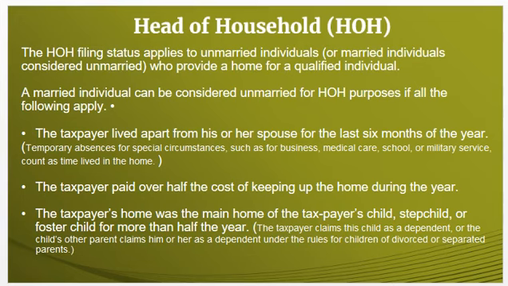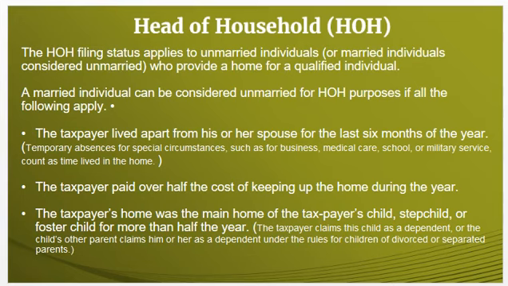And the last filing status is the head of household filing status. The head of household filing status applies to unmarried individuals, or it could apply to married individuals who are considered to be unmarried. We have this hard and fast rule that if you are married on December 31st, you have to file either married filing jointly or married filing separately.